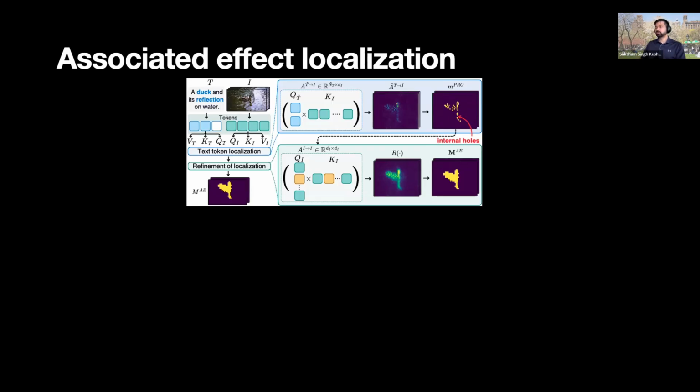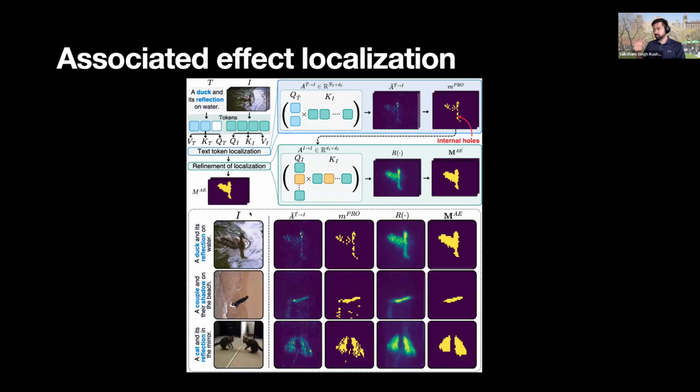So you can observe a duck and its reflection in the water, both are now covered by this patch level mask. And we find that this approach generalizes towards reflections, shadows, and mirror reflections. For example, the cat, we can find both the cat and its reflection.